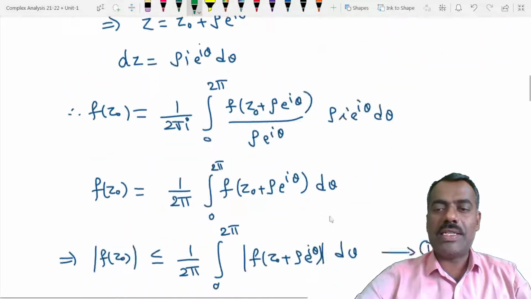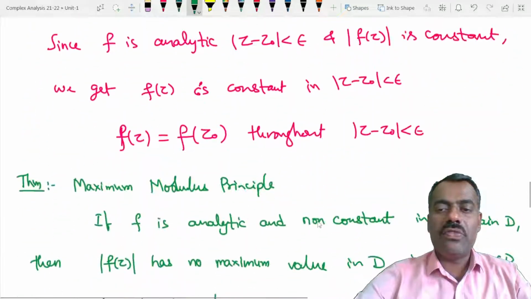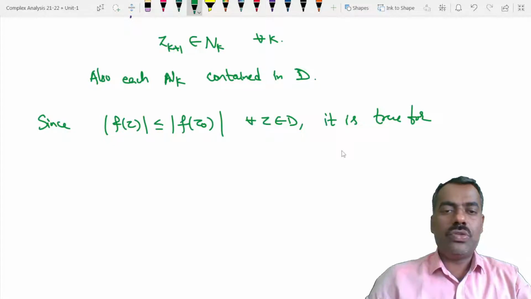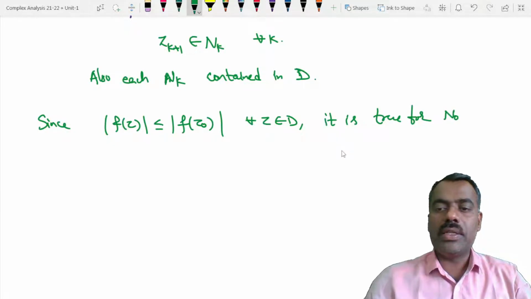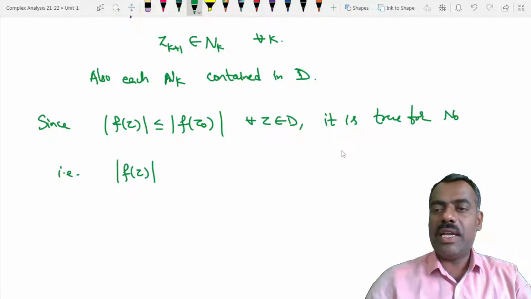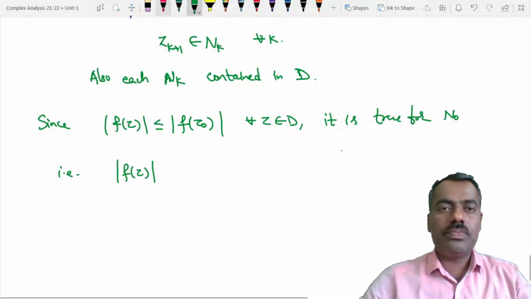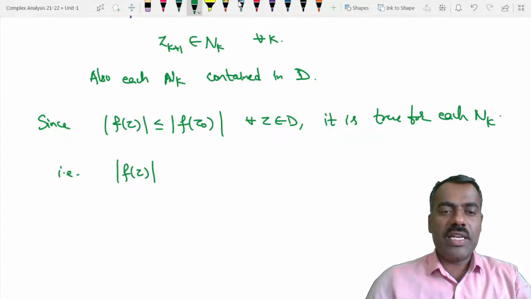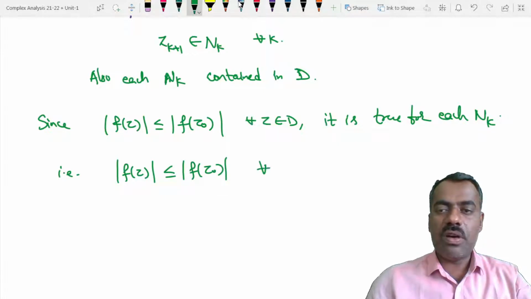So we will apply the result for each neighborhood n naught, n1 and so on. It is true for each nk, that means mod f of z is less than or equal to mod f of z naught for all z belongs to nk, right?